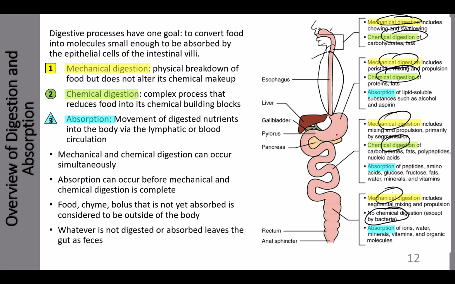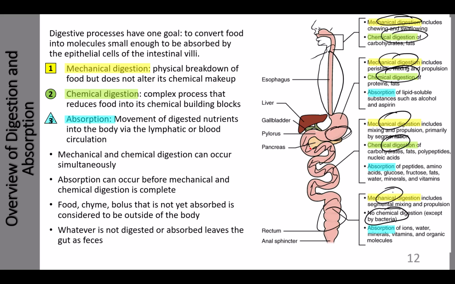So as I said, while 90% of absorption occurs in the small intestine, there's a small amount of absorption that occurs in the stomach as well as in the large intestine. So obviously, when absorption occurs in the stomach, chemical and mechanical digestion is not yet complete.